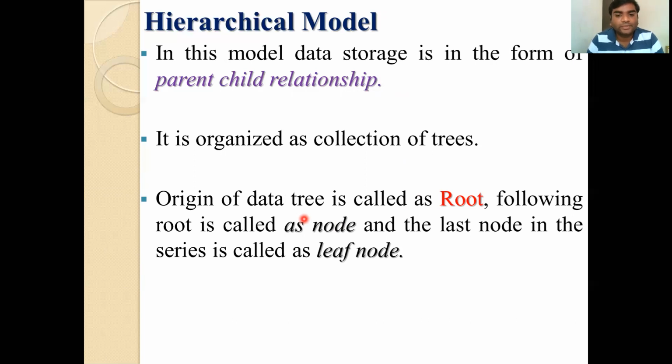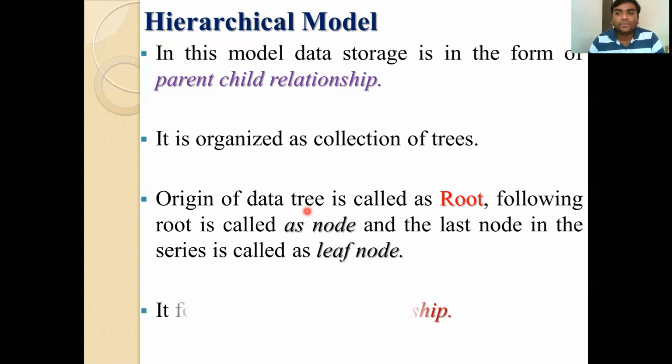What follows the root is called a node. In the diagram, we show it as level 1, but you can also refer to it as a node, because what follows the root is called a node, and the last node in the series is called a leaf node. Okay, so this is the hierarchical model.